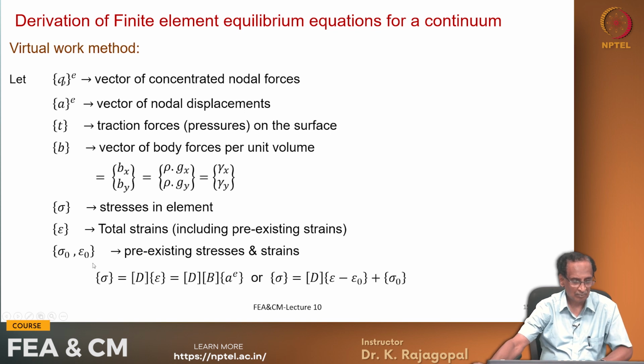So, our stress vector sigma we can calculate as D times epsilon, and epsilon is B times a^e, and we can expand the stress in terms of initial strain and initial stresses like this: D times (epsilon minus epsilon naught) plus sigma naught.